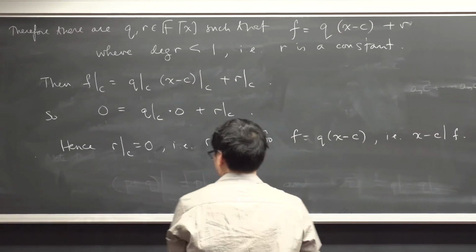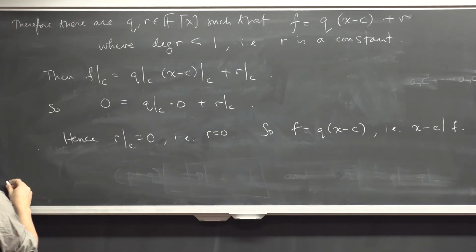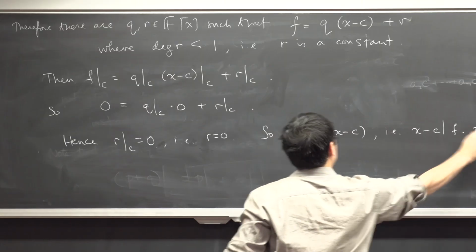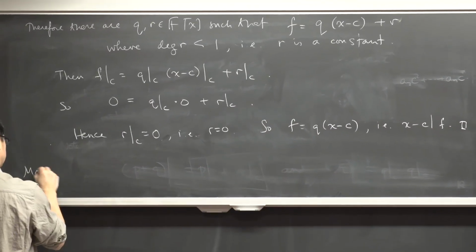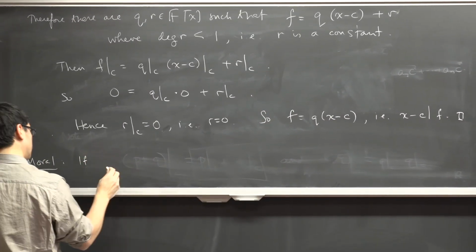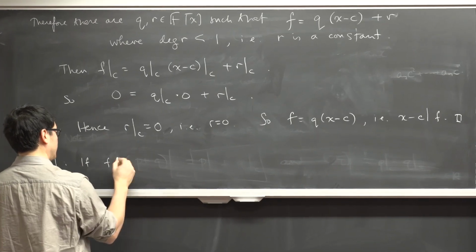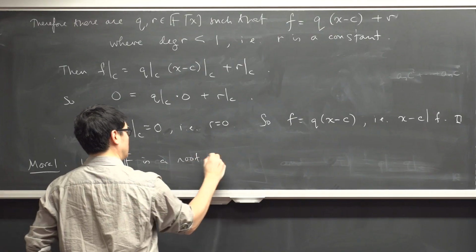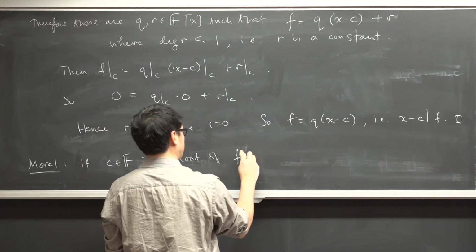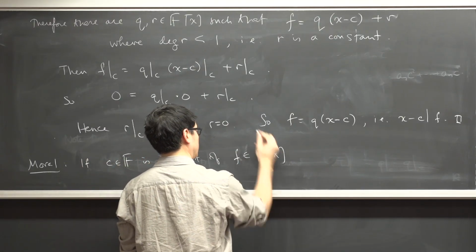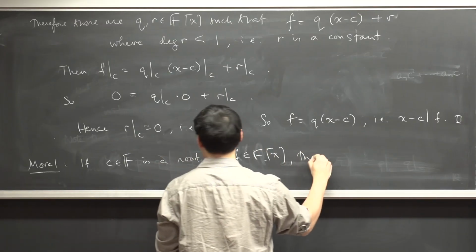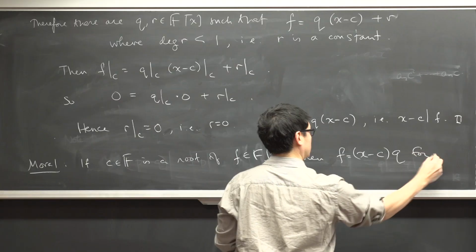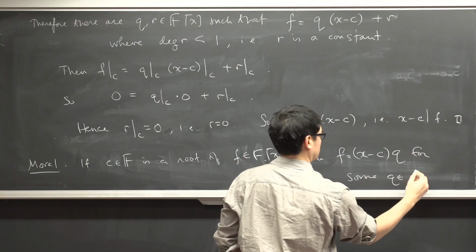So here's the punchline, the moral: if c, an element of F, is a root of a polynomial f in F[x], then f is equal to x minus c times q for some q in F[x].